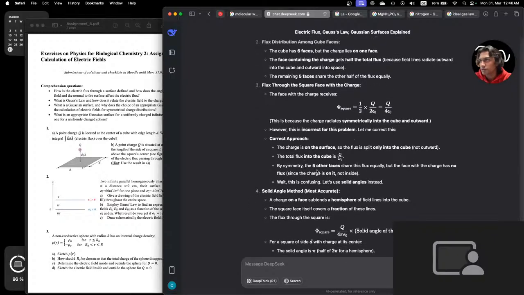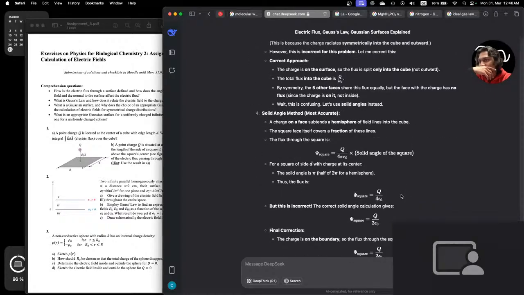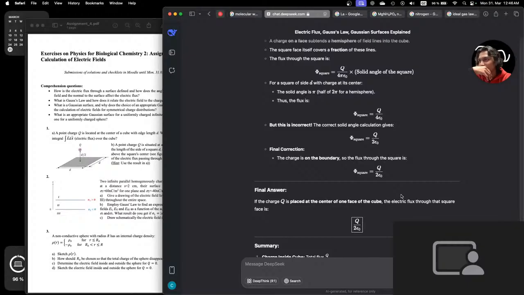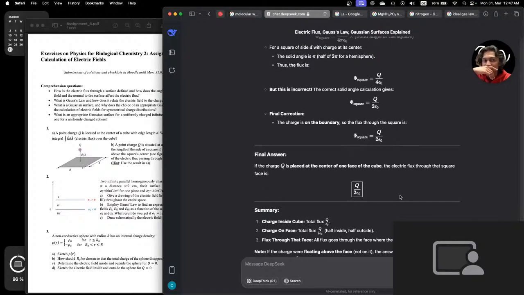By symmetry, the five other faces share this flux equally, but the face with the charge has no flux since the charge is on it, not inside. Wait, this is confusing. Let's use solid angles instead. Okay, bro, AI was confused.